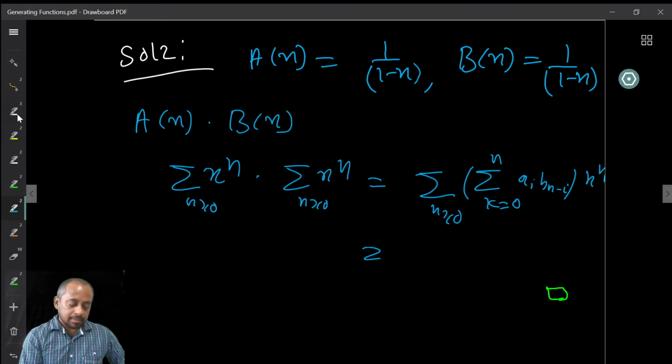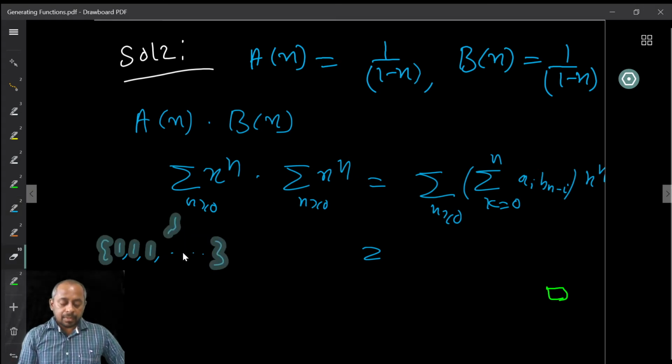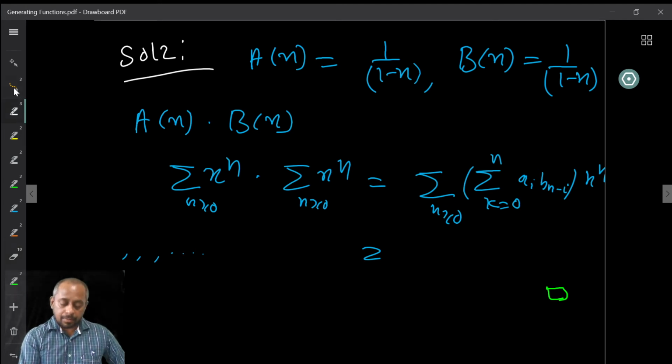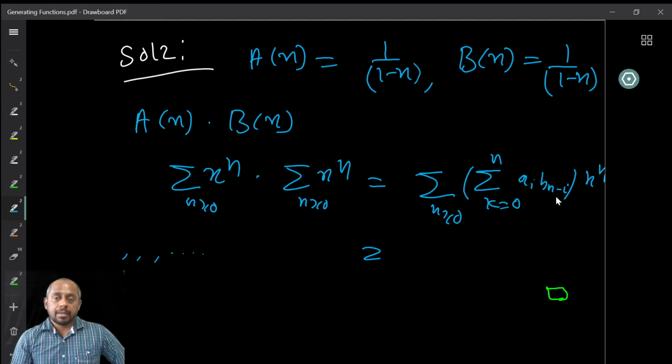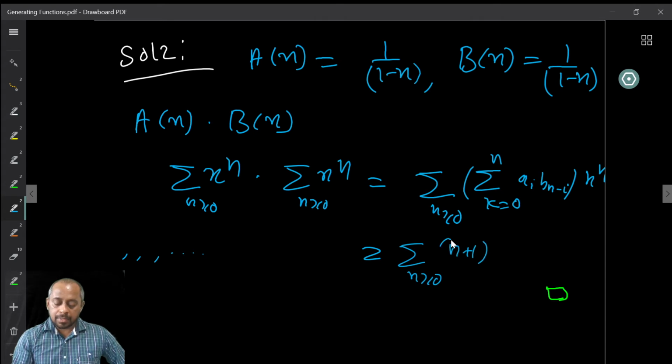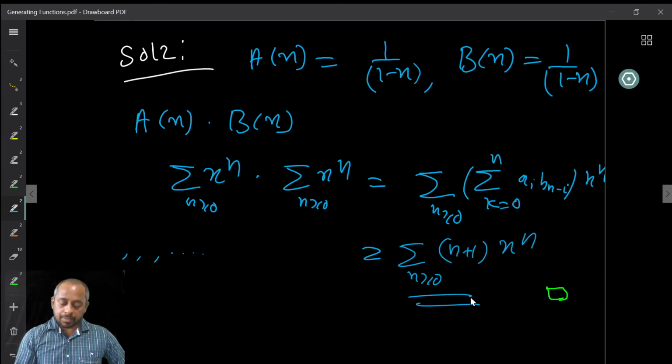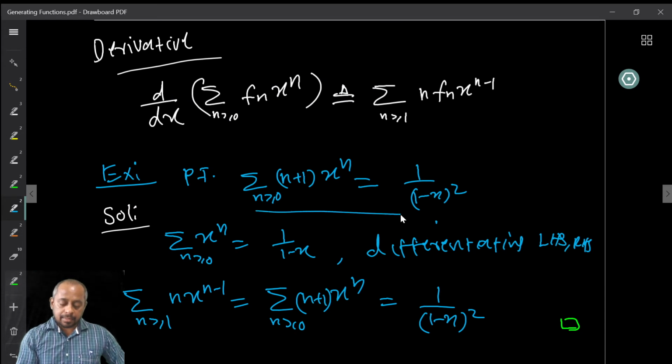We are looking at the sequence 1 1 1 1, so all the coefficients are equal to 1. So a_i into b_(n minus i) is 1. And how many terms are here? i from 0 to n, which is n plus 1. So therefore this is the summation over n greater than or equal to 0 of n plus 1 into x raised to n, which is what I wanted to prove in the first place, right?